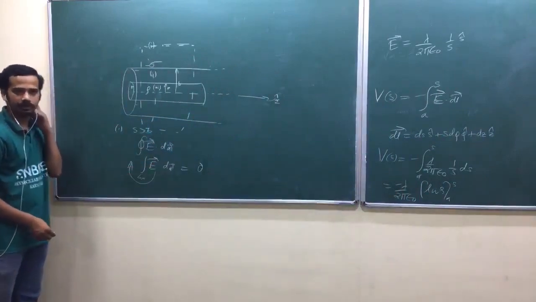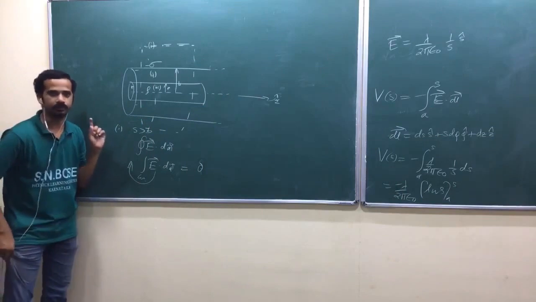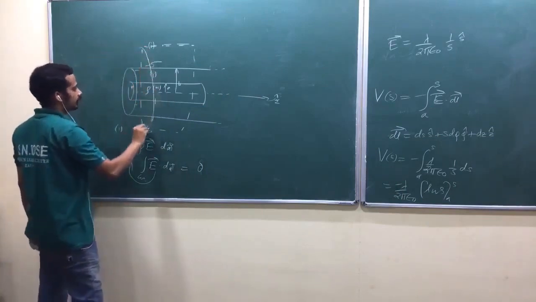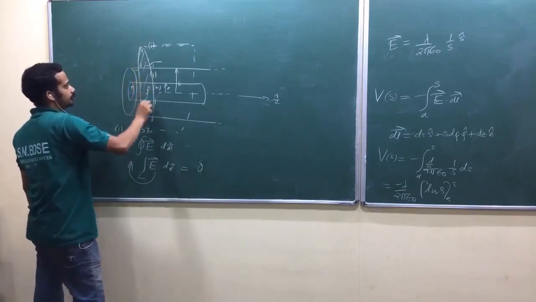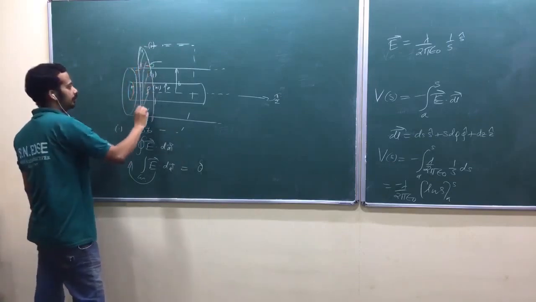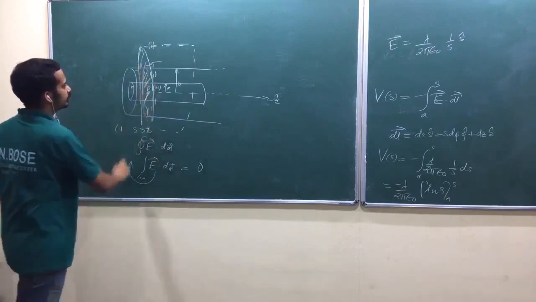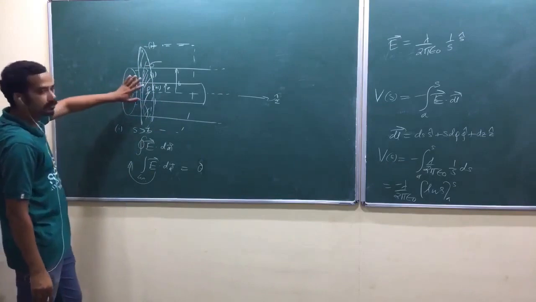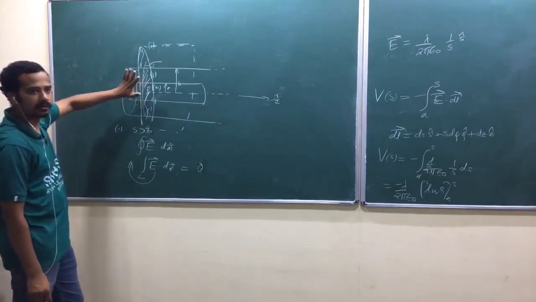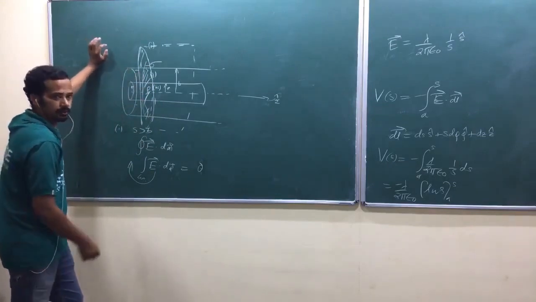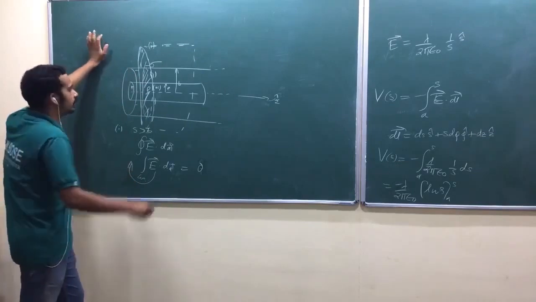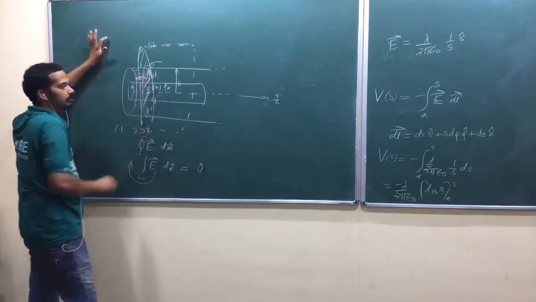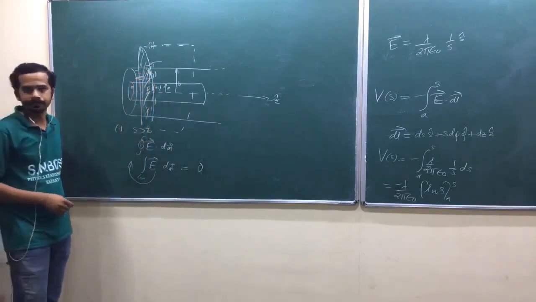Planar surface integral: even though there exists electric field inside, the field will be like this, your area vector will be like this. Gaussian surface will pierce this region. So you have to take care of that, but argue that the corresponding flux is 0, corresponding surface integral is 0. That's it. Is that okay?